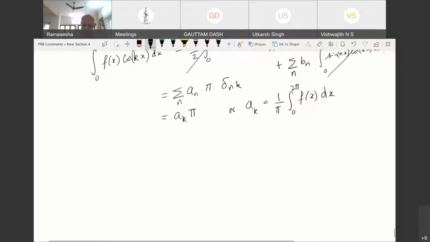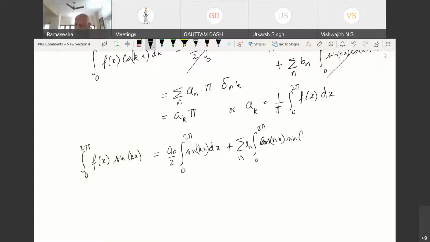If I want to get bk, I multiply the function f of x by sine kx, and I will get a naught by 2 integral 0 to 2 pi sine kx dx plus sigma over n an integral 0 to 2 pi cosine nx sine kx dx plus sigma over n bn integral 0 to 2 pi sine nx sine kx dx.